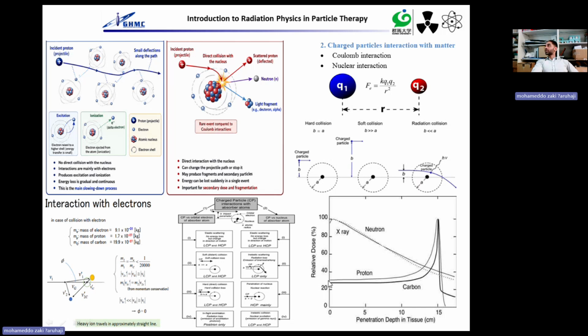Because when they first interact, let's say for example they enter air. I shoot, there is air. In air, the atomic number Z of the oxygen in the air is very low, so the stopping power is very low, so many particles will go through. However, due to multiple Coulomb scattering, some will slow down.